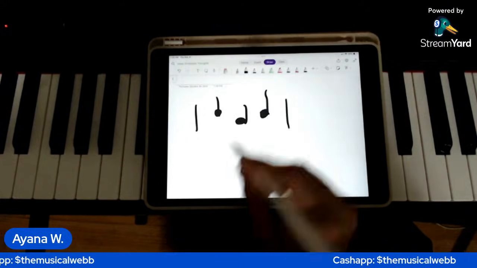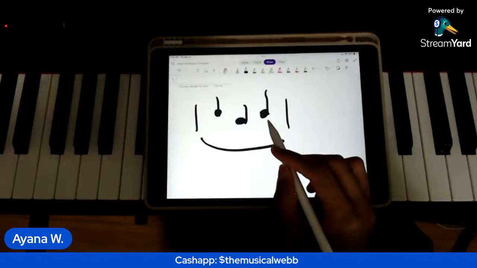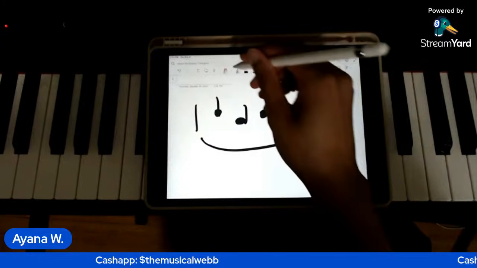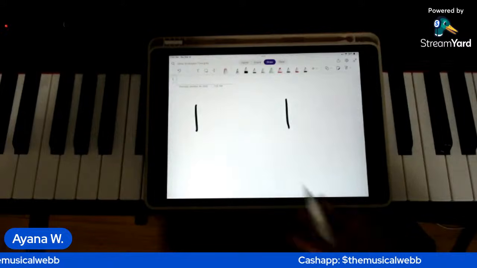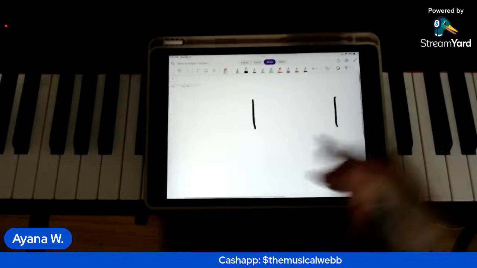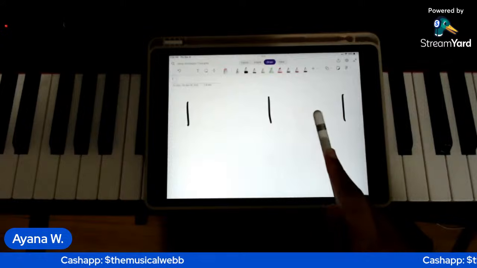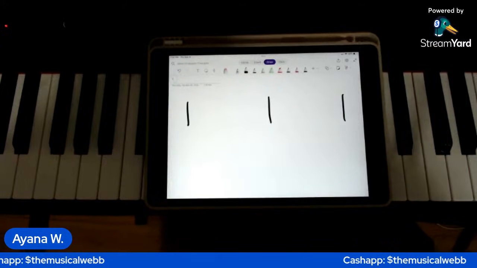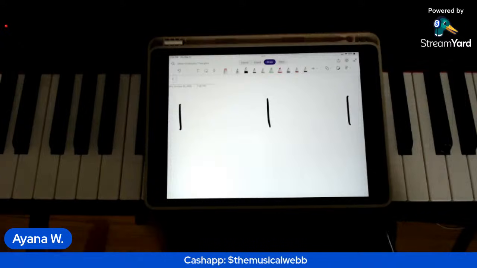The distance between this line and this line is called a measure or a bar. Most songs have more than one measure. What do these bars mean? These bars have a certain number of beats within them. I'm giving you the super, super basics of this. It gets a little bit more complicated than that, but again, this is just for today.